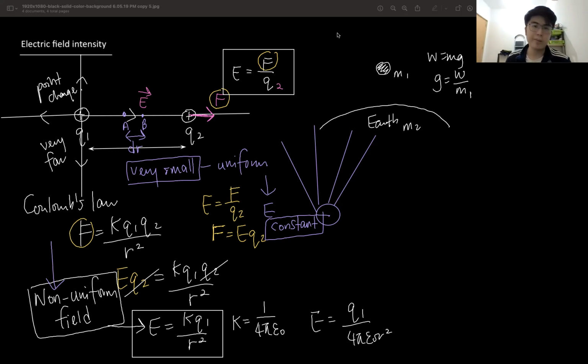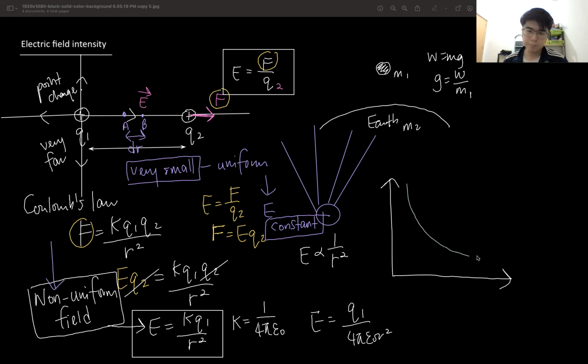Okay, now the graph part. How do I plot this? E is inversely proportional, okay? The inverse square law, 1 over r squared. How do you plot that? Here. This one is E inversely proportional to r.